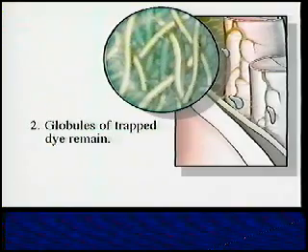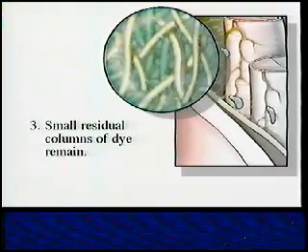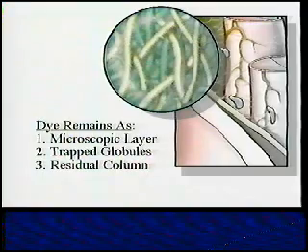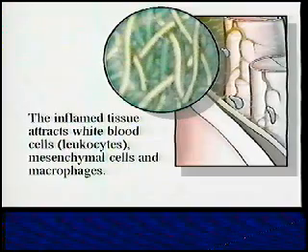These micro portions of dye are present in all patients. There can be microglobules, and there can be residual microcolumns of dye. But typically, there is at least significant dye microscopically left in the subarachnoid space.